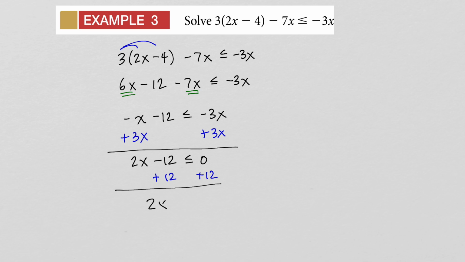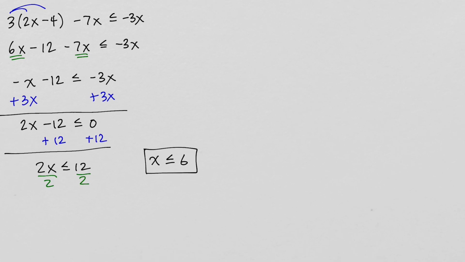And that gives us 2x is less than or equal to 12. And now I'm going to divide by 2. And since we're dividing by positive 2, the inequality here does not reverse. So we end up with x is less than or equal to 6. And in interval notation, first let's sketch a graph.